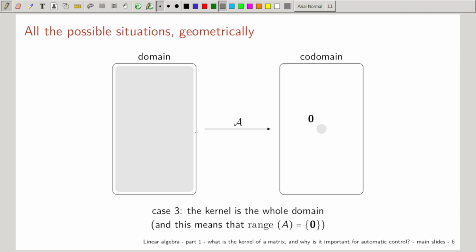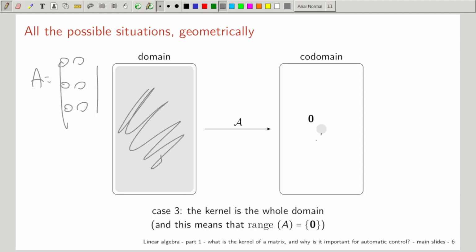All the domain is a kernel. Example, A equals to 0, 0, 0, 0, 0, 0. Here, all the stuff in the domain goes into the kernel. Watch out. The kernel is in the domain. Are we together? So, kernel is in the domain, range is in the codomain. Okay?